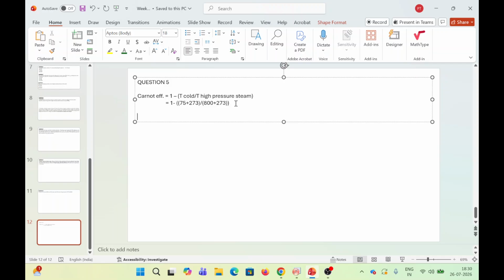So what will be the value? I want the individual values. So 1 minus, how much is this? 358 if I'm not wrong, by 1073.